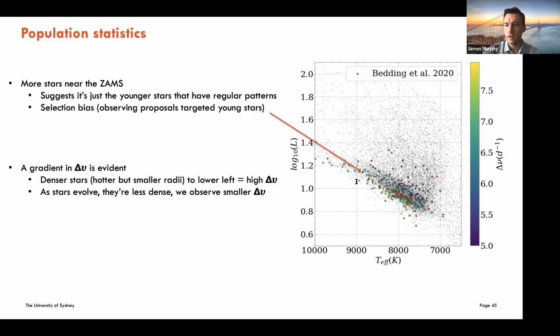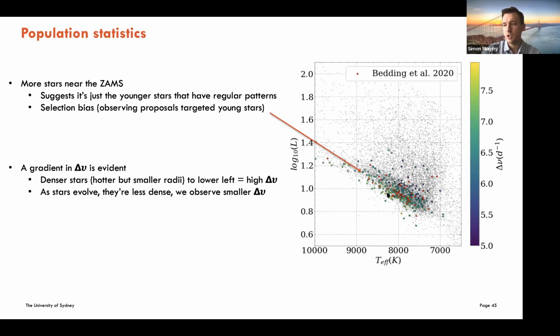So, as I mentioned before, there are more stars near the zero-age main sequence. That does suggest it's the younger stars only that have the regular patterns, but there is a selection bias that we're very aware of. What's also apparent is a gradient in delta nu. So this is color-coded in this diagram.